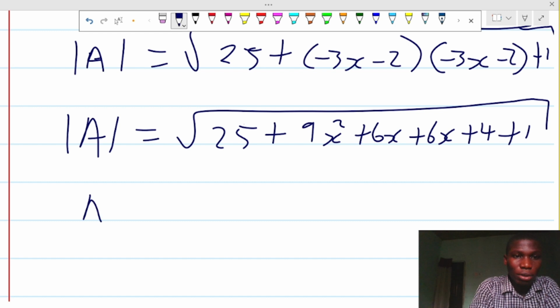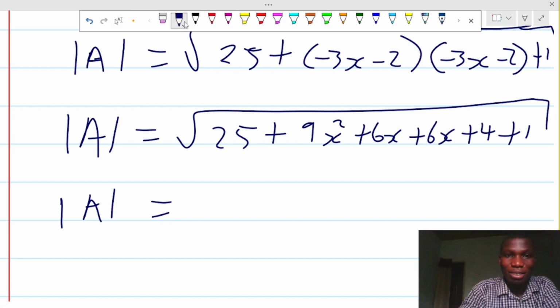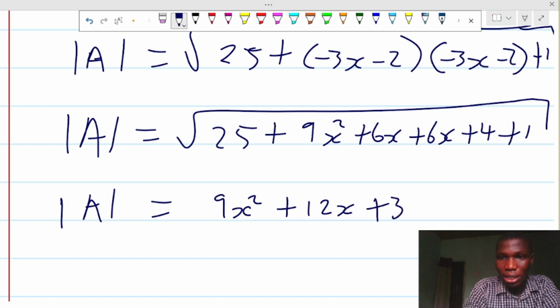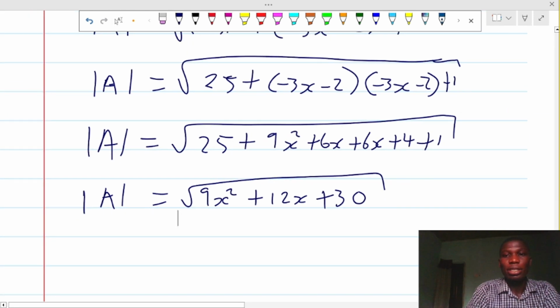This plus this, that's 30. I'll put the 9x squared first, and 6x plus 6x is 12x, so I'll put that next. So we'll have the square root of 9x squared plus 12x plus 30. Being that we have x there, an unknown, I'm not going to simplify further. I'll leave it like this.